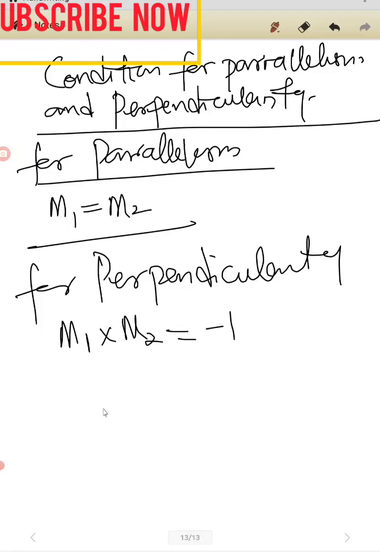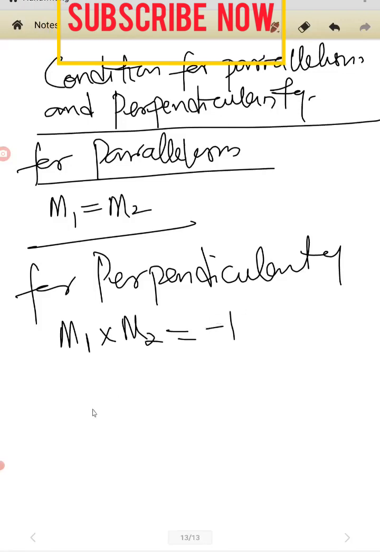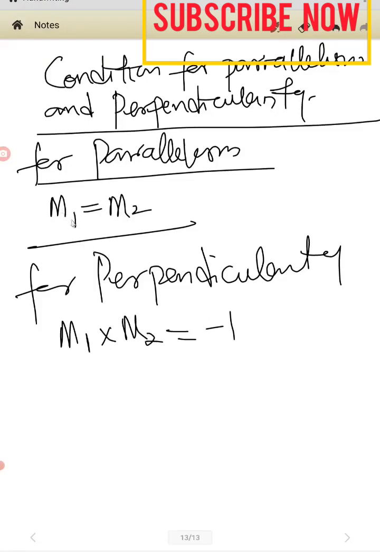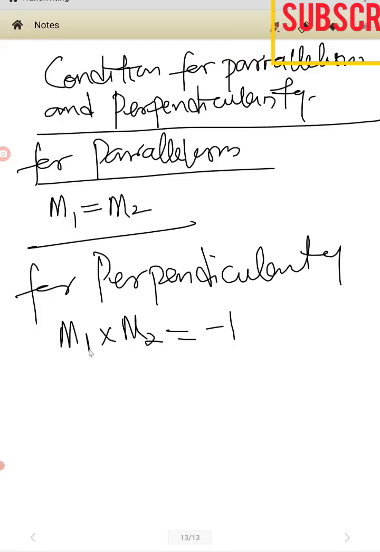What you are solving is a line. I'm just summarizing this condition because of our time. Now, that's two conditions. When the gradient of the first line is equal to the gradient of the second line, it means the lines are parallel. If the gradient of the first line multiplied with the gradient of the second line gives you -1, it means the two lines are perpendicular.